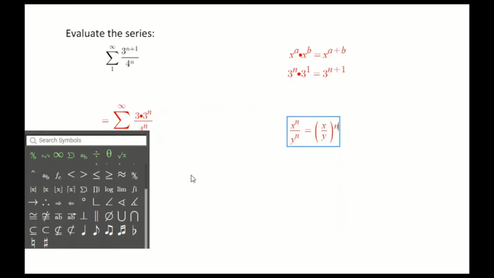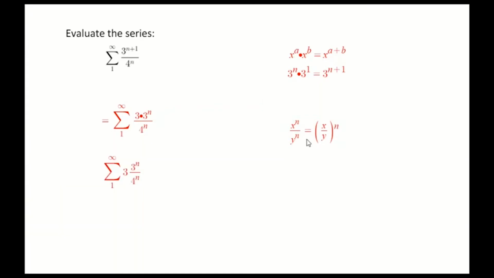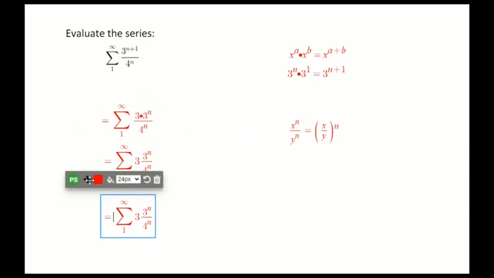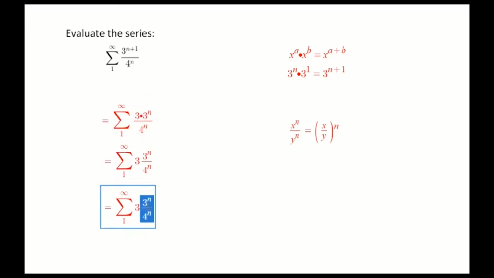All right. So the reason I'm showing you this other exponent property is to show you how we're going to rewrite this. So let's rewrite this one more time, where this is going to be 3 over 4 to the n.